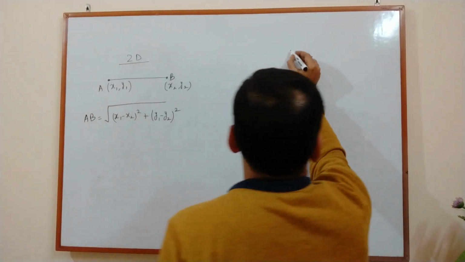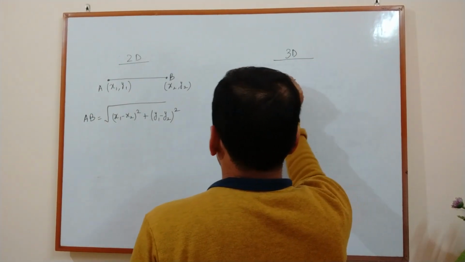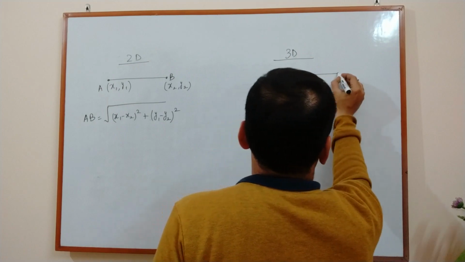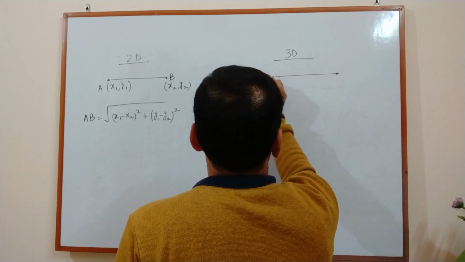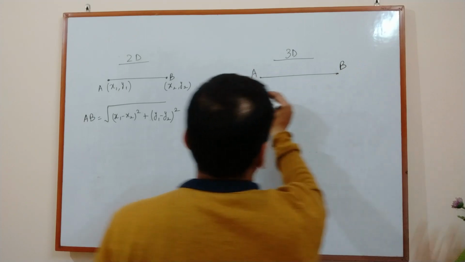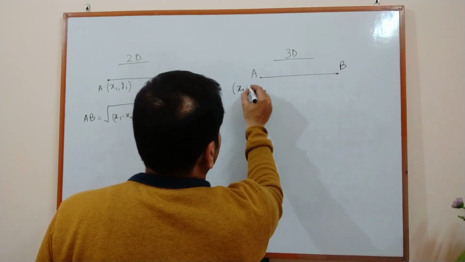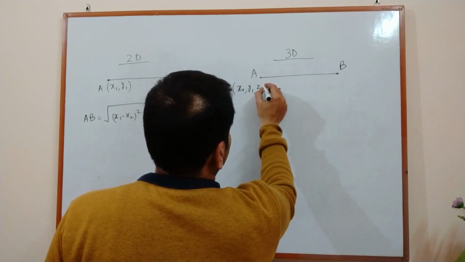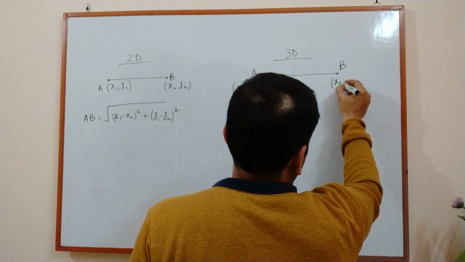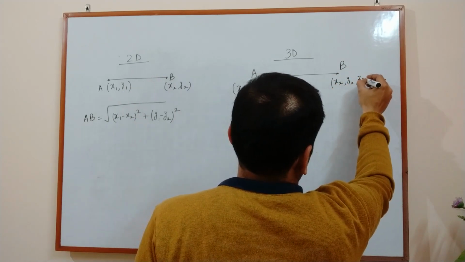Similarly in 3D, we have a distance formula if you want to compute the distance between 2 points A and B. So let this be A and this be B. And in 3D we have coordinates like x1, y1 and z1, and this is x2, y2 and z2.